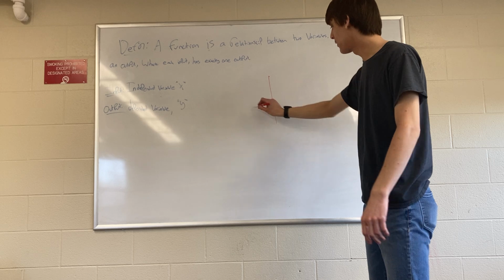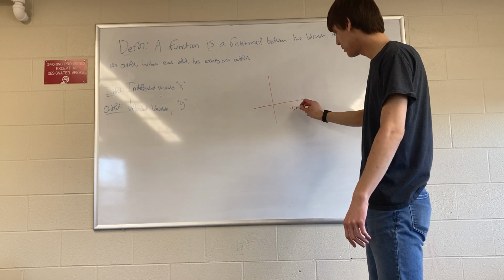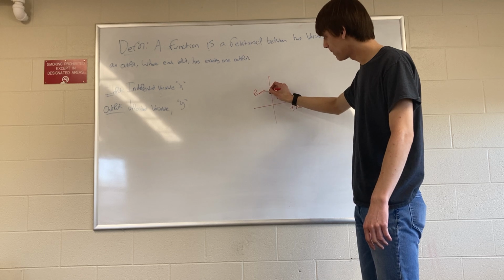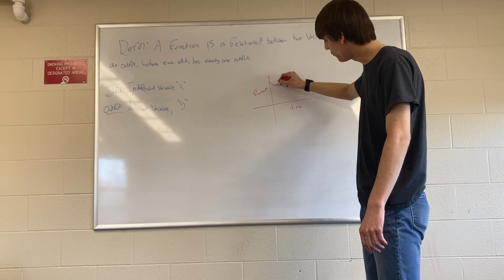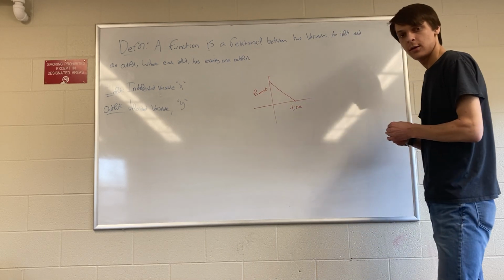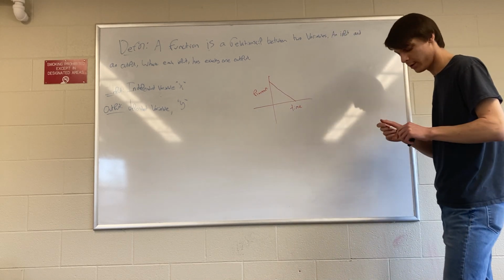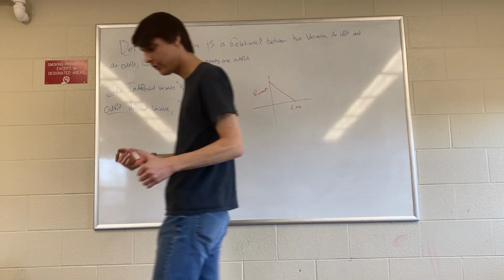So it would look something like this. You would have time, and you would have your placement, and you would see the marker would fall. And each input has a unique output. So that's another good example of using functions in real life.